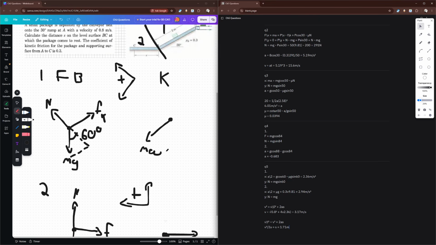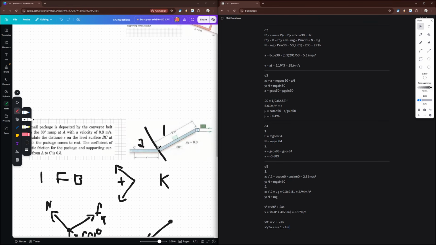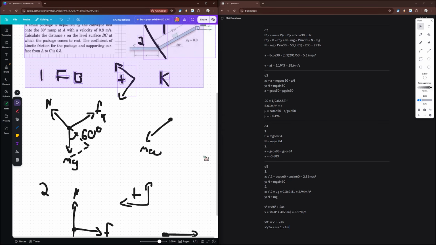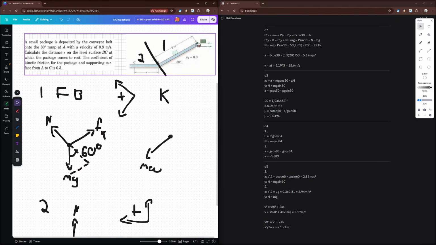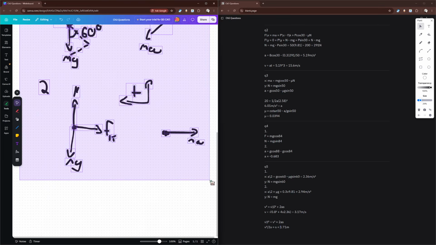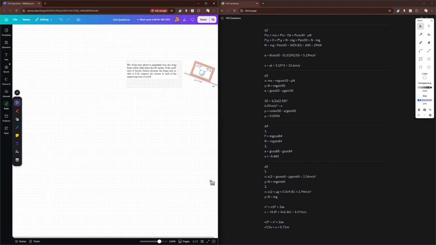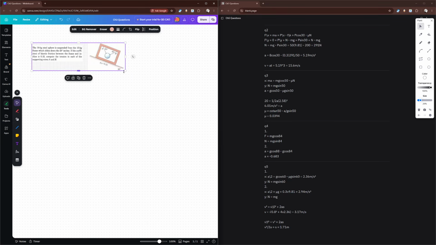So from B, it traveled 1.71 meters to arrive at C. Very nice. Now, if you wanted to calculate how far it went from A, you would just take your 2 up here. 2 plus 1.71 is 3.71. So it went 3.71 meters from the origin. Okay, final question.